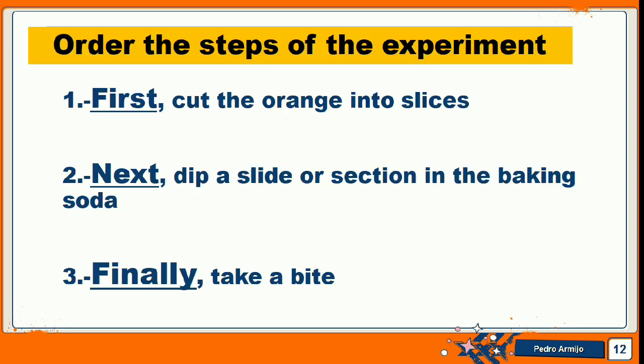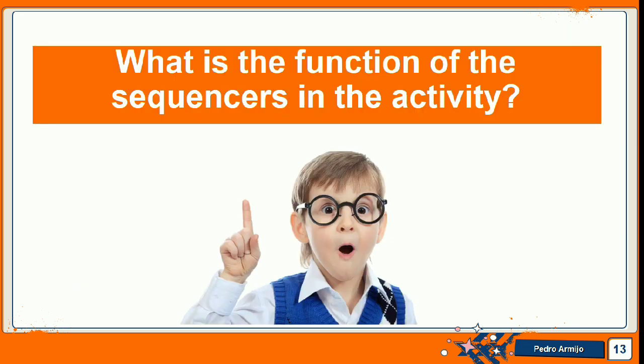And here we have our steps, but with a correct sequencer. First, next, and finally. Sequencers give us the correct sequence in our experiment. So check your answers, guys. What is the function of the sequencers in the activity?